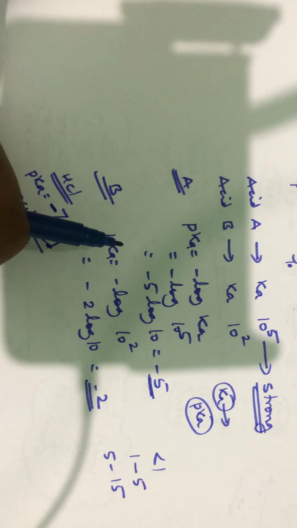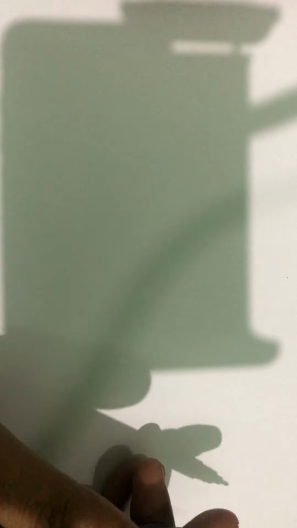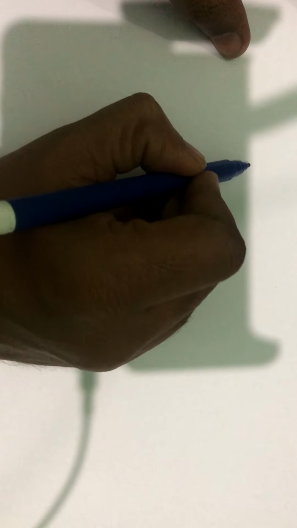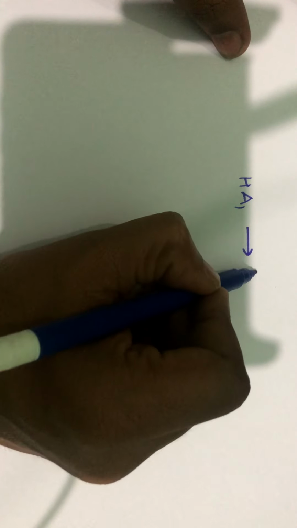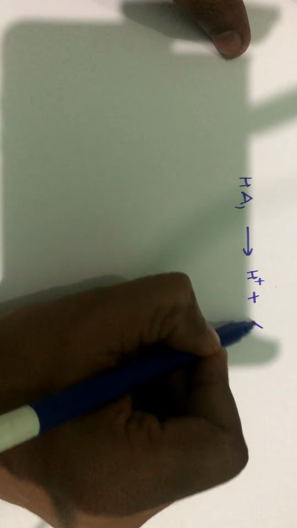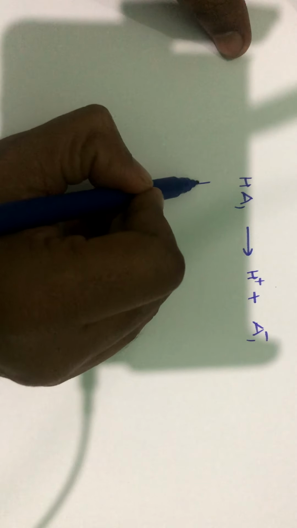Now, what are the factors which decide the pKa value? There are a few factors. One of the factors is the conjugate base that is formed. For example, take an acid HA1 that dissociates to give H+ and A1-.